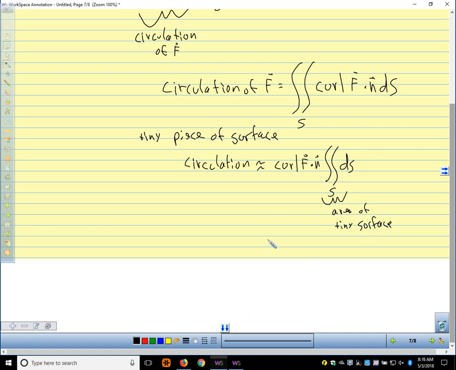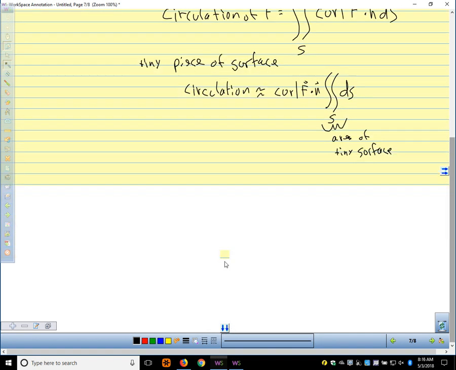So we're going to divide both sides by that area, and we can say that the circulation over the area approximately equals the curl of F dot n.